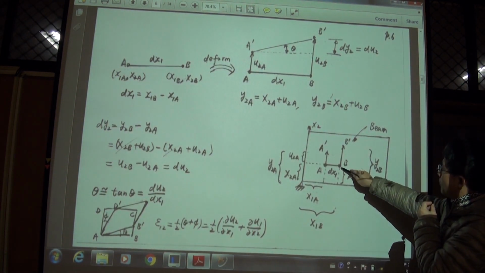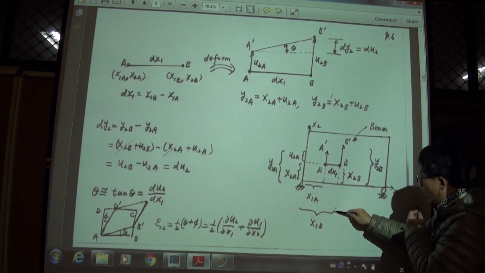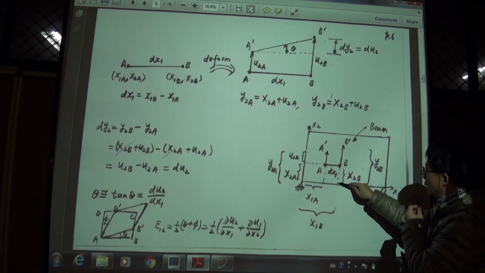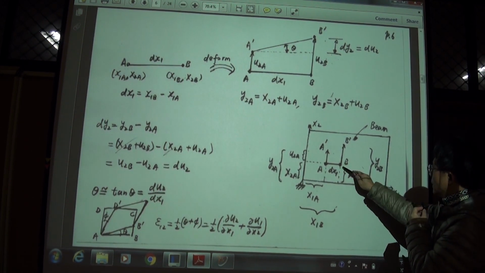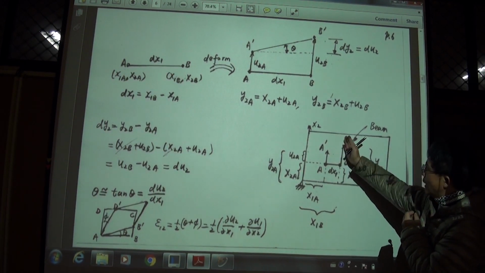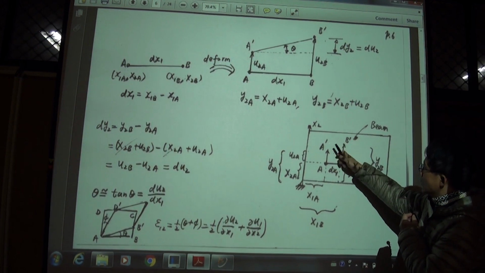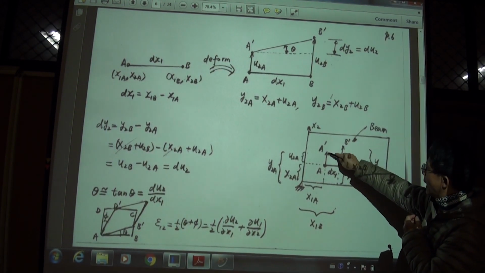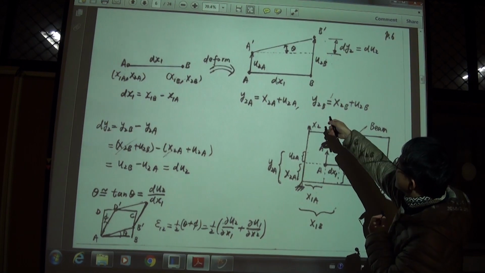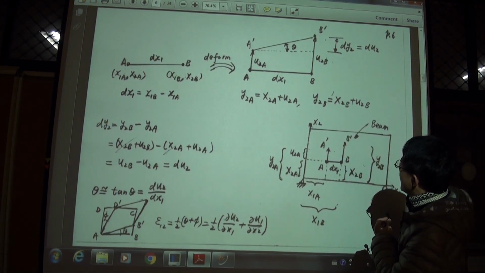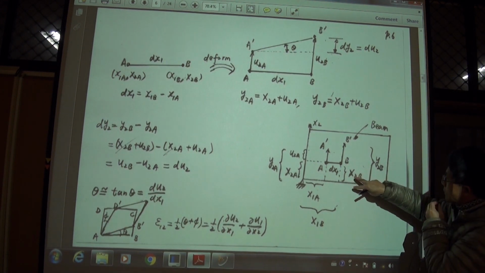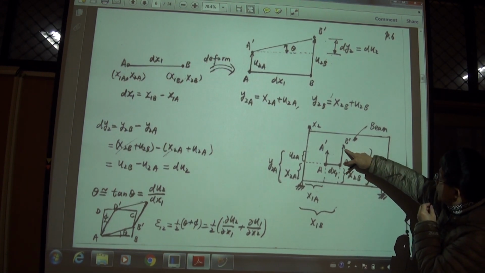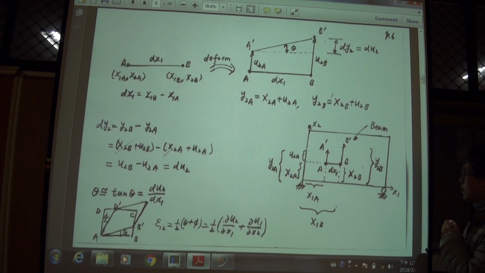Likewise, point B has a horizontal coordinate and vertical coordinate like this, x1b, x2b. It moves a little bit upward to point B. We have a deformed material line here, like this one. And then this is the original x2b and then u2b, so we have y2b.